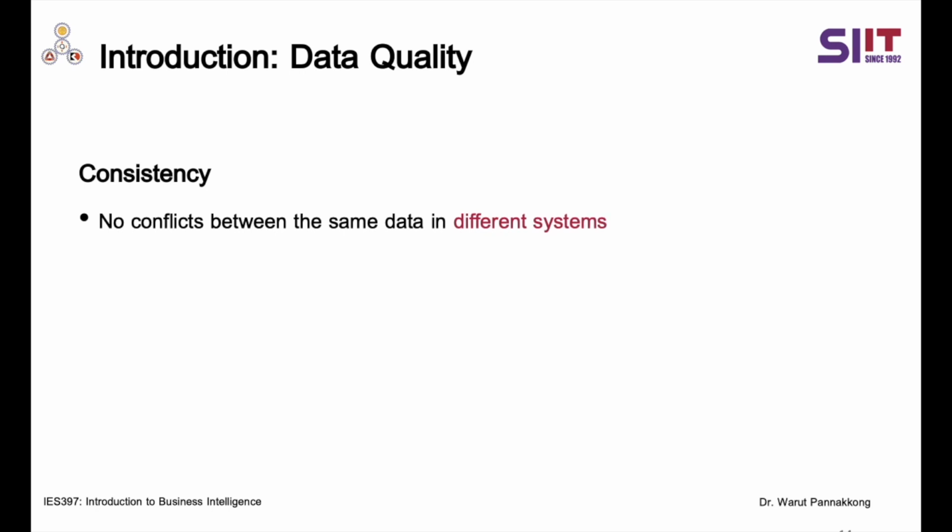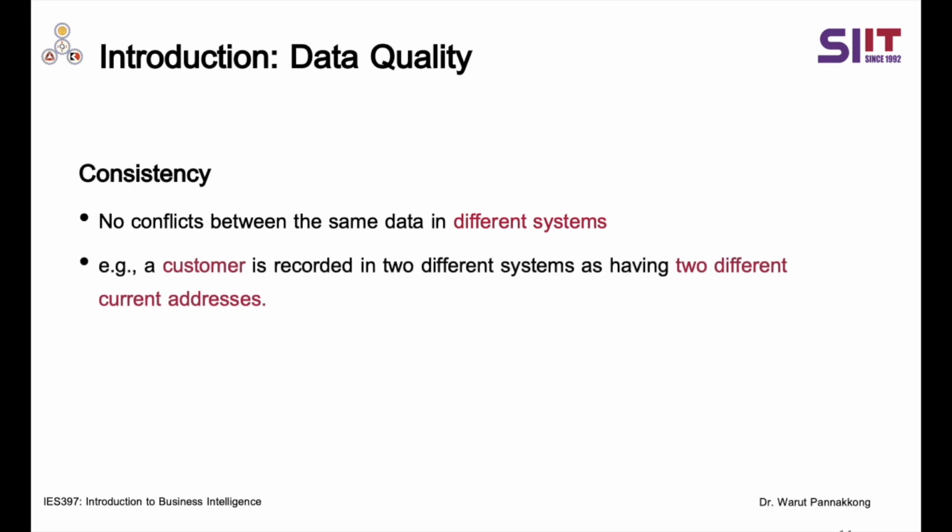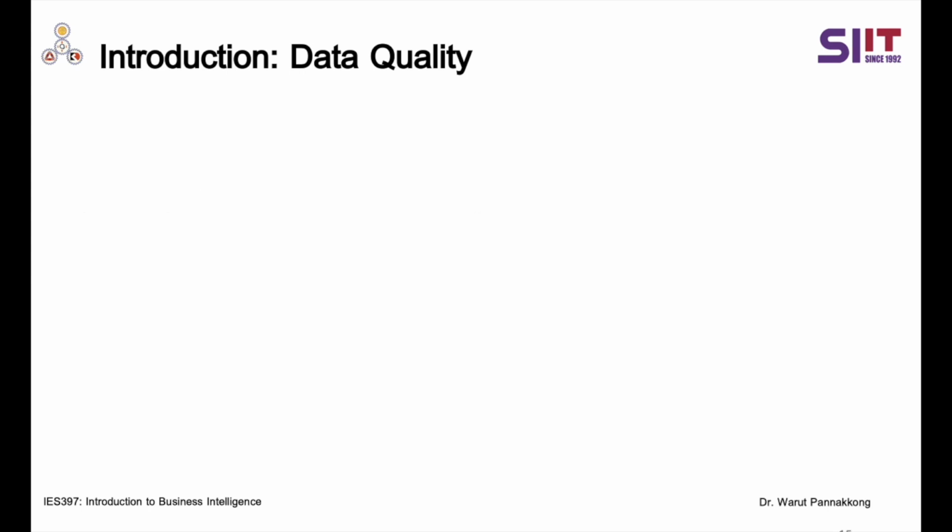Consistency refers to having no conflicts between the same data entry in different systems. For example, a customer is recorded in two different systems and has two different current addresses. This means that the customer's record is not consistent in the two systems, which is going to create confusion as to which one is the correct one.